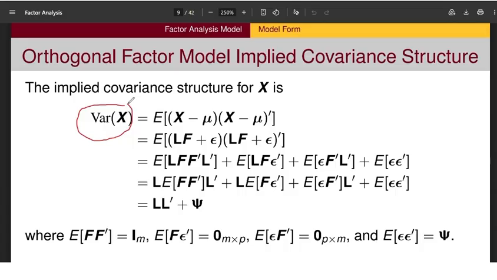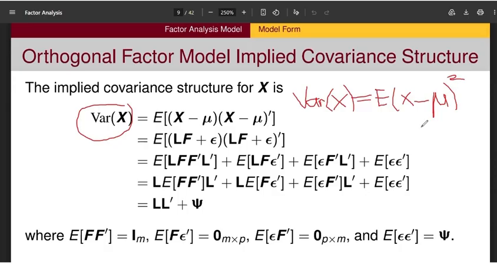Now, in univariate statistics, where I only have one variable, the variance of X is equal to the expected value of X minus mu, all squared. Do you remember this from your lower level statistics?